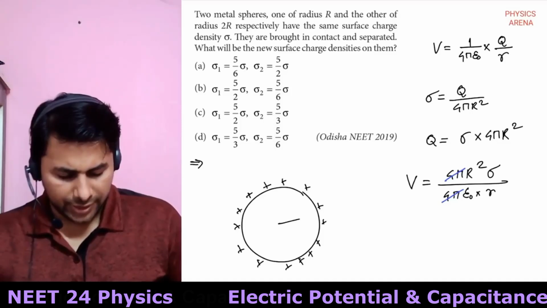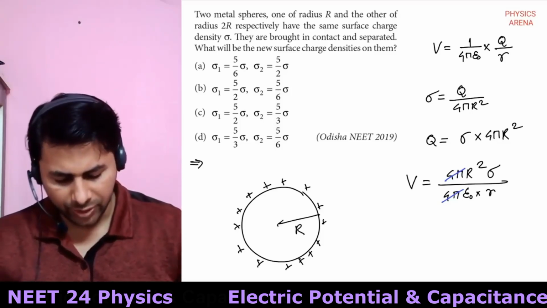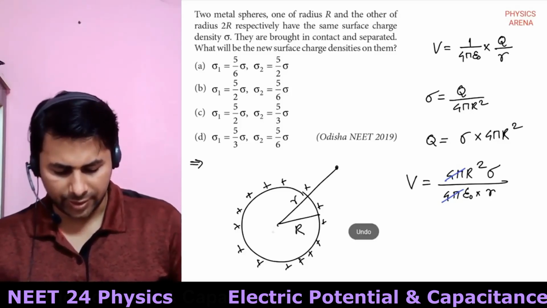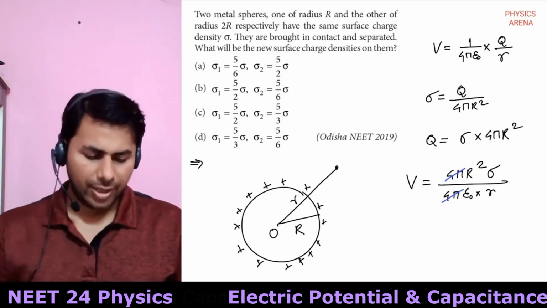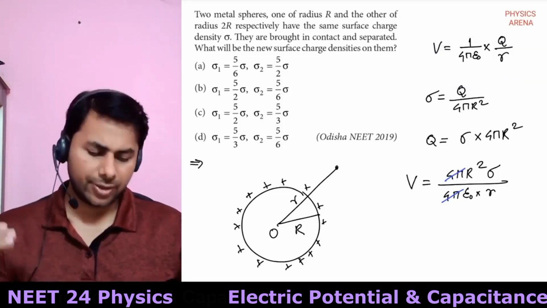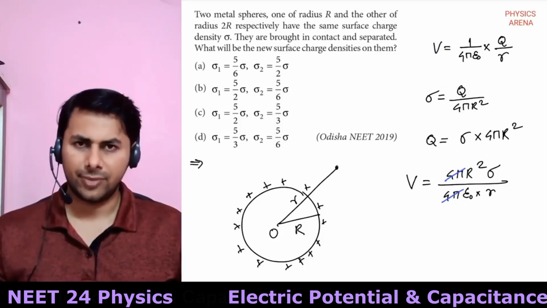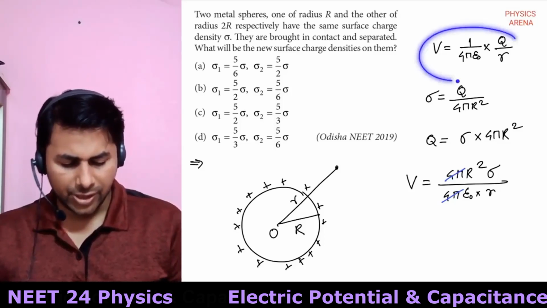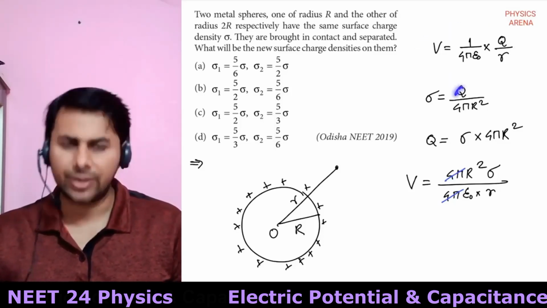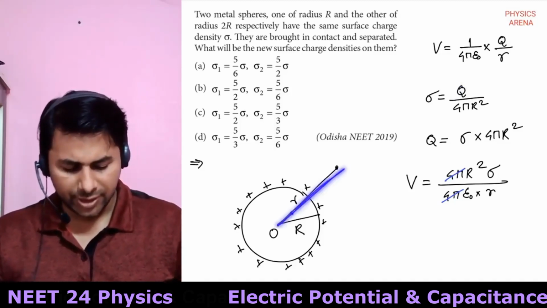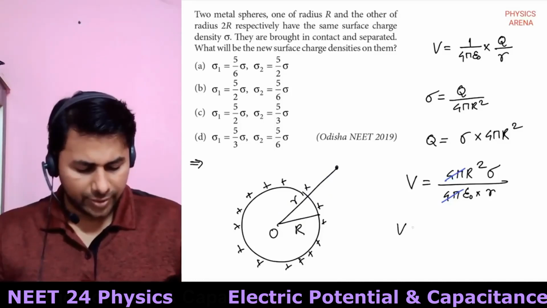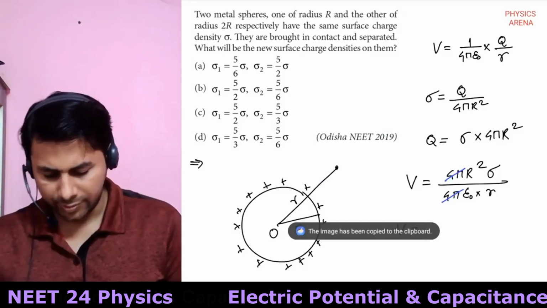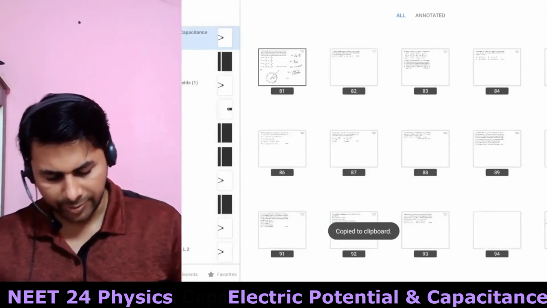Its radius is r, and the distance from the center at which you want to find the potential is r. The formula we know is 1 upon 4 pi epsilon naught into q upon r. Then I want to find the potential in terms of sigma, so I have written q in terms of sigma. Now I will copy this question on the next page.